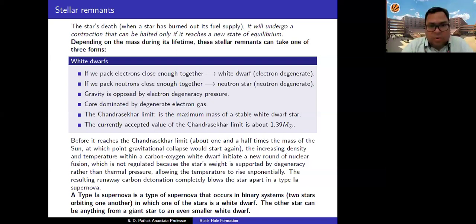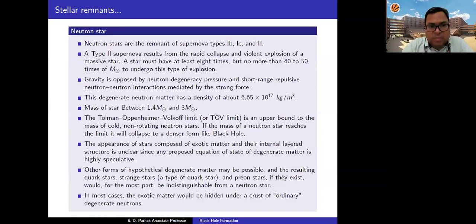A neutron star will be formed after a type 2 supernova. A type 2 supernova means the star has at least 8 times the mass of the sun, and it undergoes the explosion. After the supernova explosion, it will be converted into a neutron star, not a white dwarf.